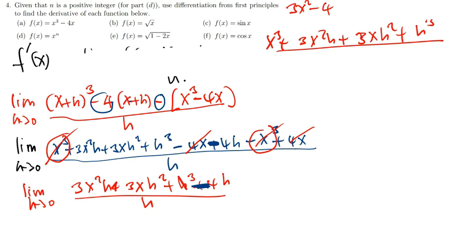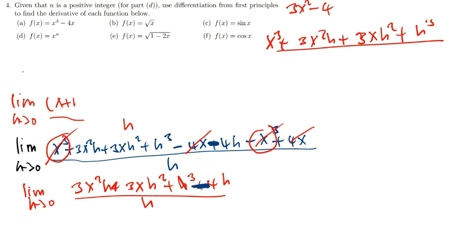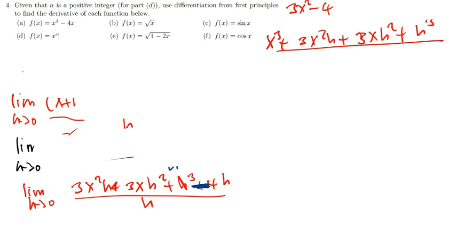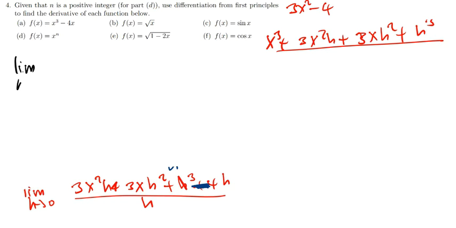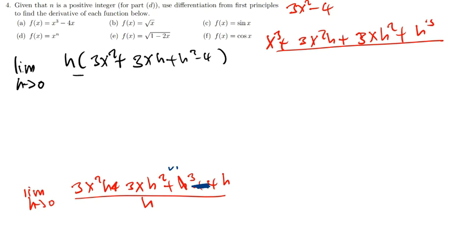So I'll start from there. I'll factor out h. So I'll have limit as h approaches 0. So I'll have 3x, I'm factoring out h, open brackets, 3x squared plus 3xh, then plus h squared minus 4, like that. I divide it by h.